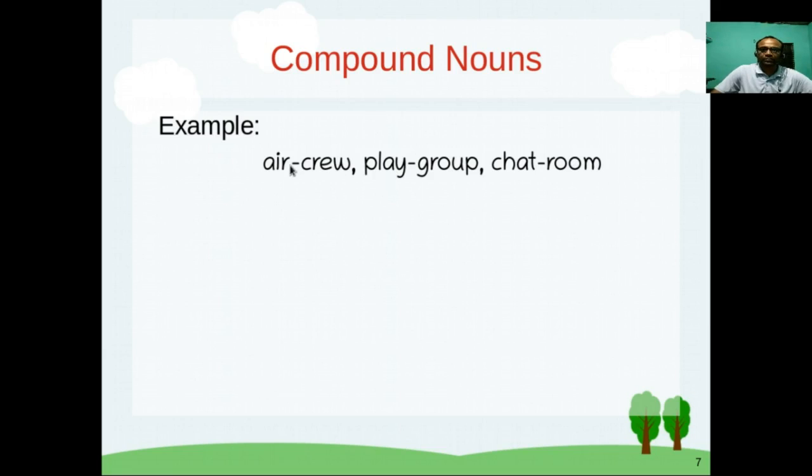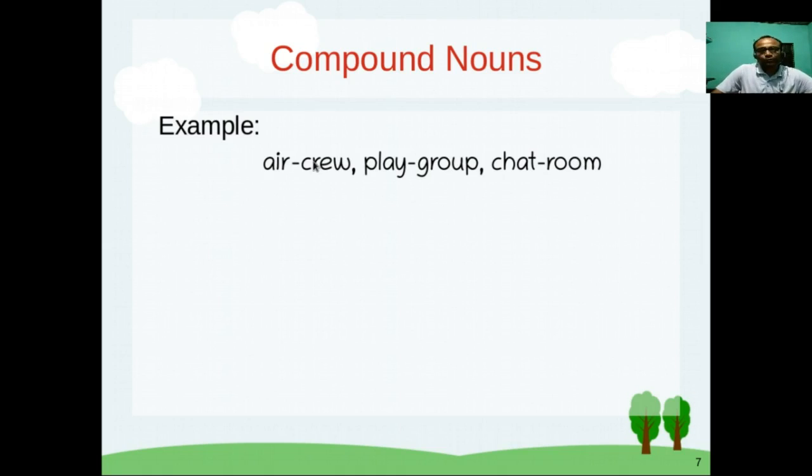This can be hyphenated, like air-crew, play-ground, chat-room, and at the same time we can write them with no punctuation mark, like aircrew, playground, chatroom without any hyphen. This without-hyphen version may be something different as well.